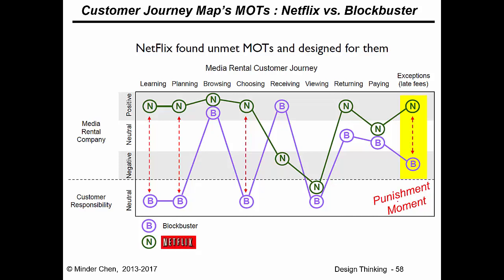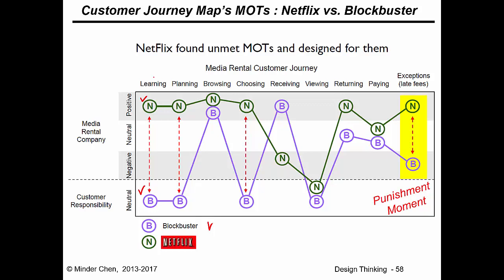And certainly Blockbuster is long gone. But as a comparison, this is a traditional brick and mortar video rental store, and Netflix is DVD rental through mail order and now through streaming.